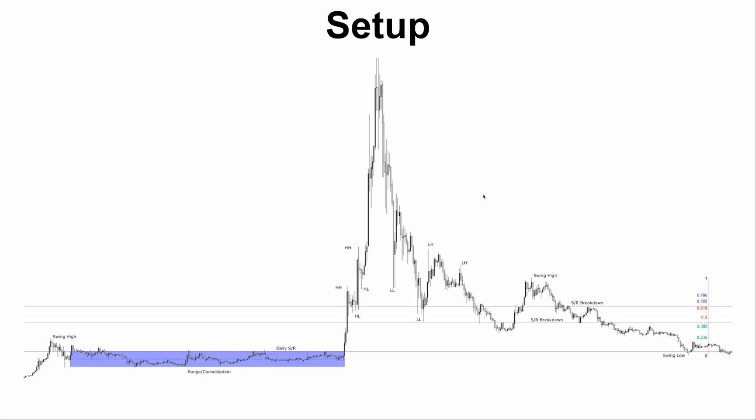So here's a chart. This is our setup. We're looking at a high time frame chart. This is a daily view, and let's start to break it down. Again, we're going to be reinforcing every single concept that we learned from the prior sections, and we're now layering on these tools.